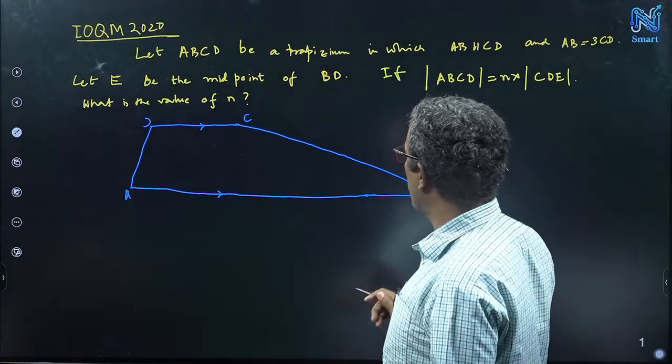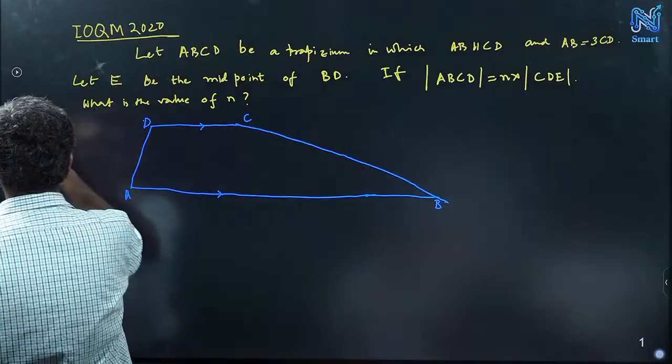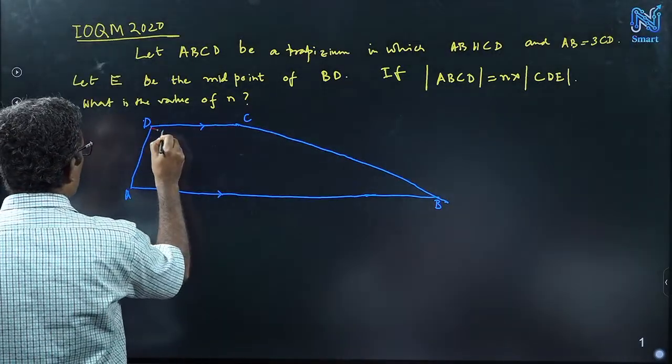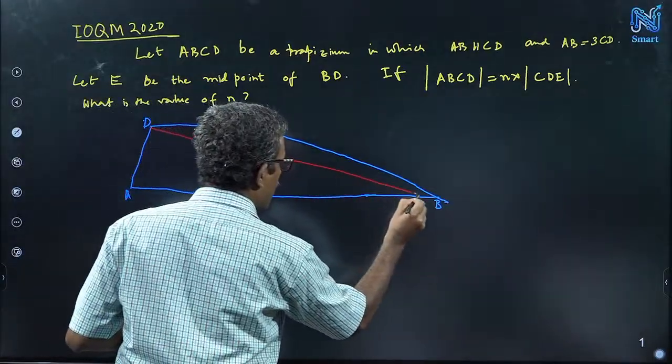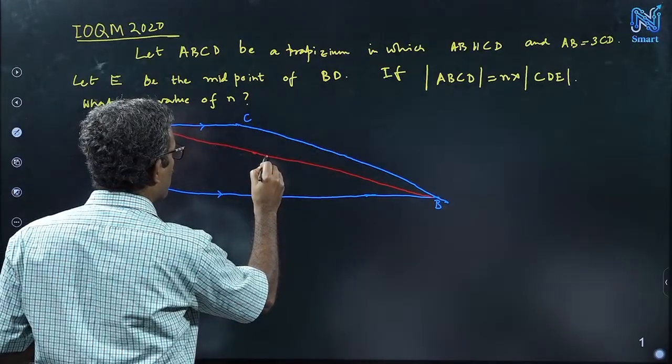Now, E is the midpoint of BD. So, this is D and you have to join B and D. And somewhere E is the midpoint.